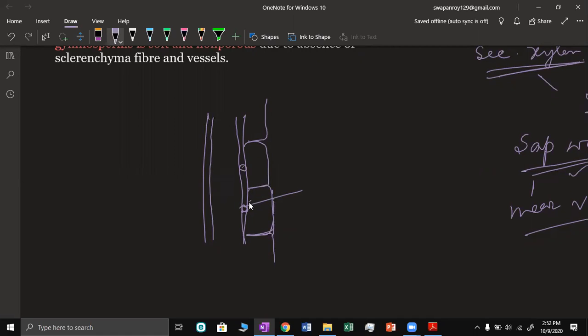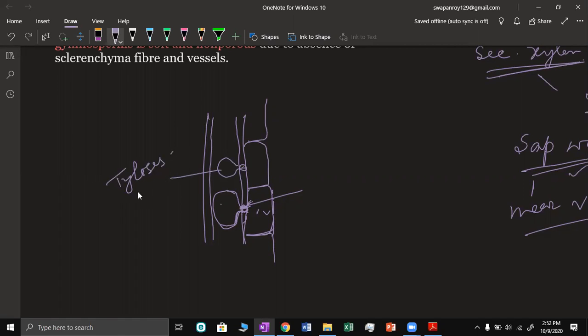The plasma membrane from this xylem parenchyma gradually moves inside the xylem vessels, and there it swells like a balloon. And this balloon-like structure is known as tyloses.